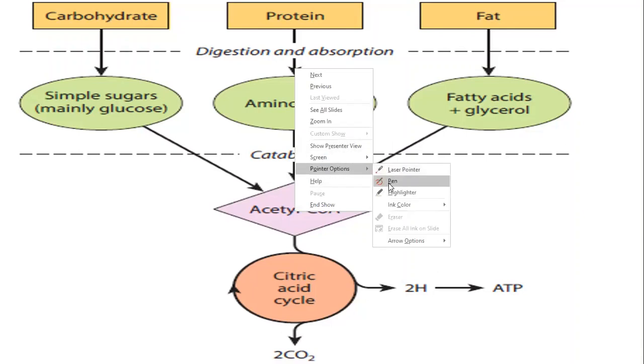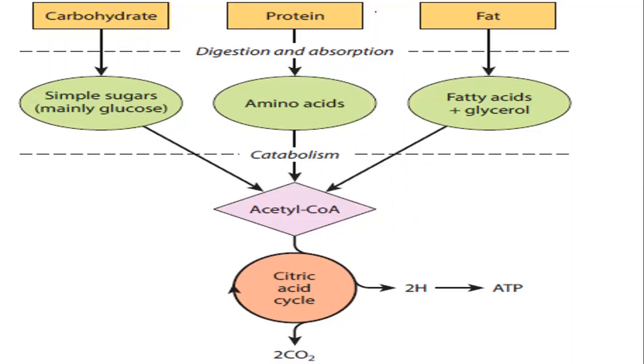And you can see that carbohydrate, protein, and fat metabolism all result in the production of acetyl-CoA. This acetyl-CoA is the main reactant, or main substrate, to carry out the citric acid cycle.